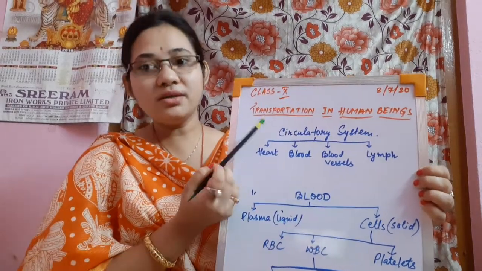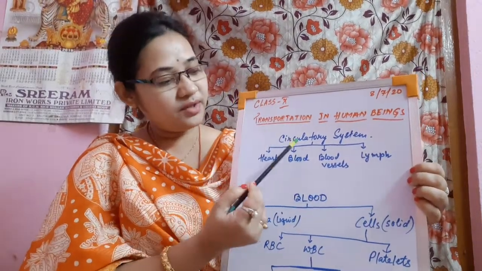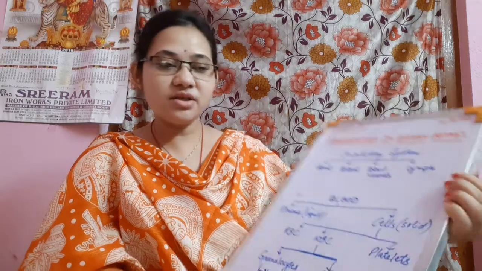Okay, now transportation includes the circulatory system, because transportation means substances like food, nutrients, salts, vitamins, hormones, enzymes, and our respiratory gases are transported and supplied to various parts of our body. All the cells, all the tissues are supplied with these substances.